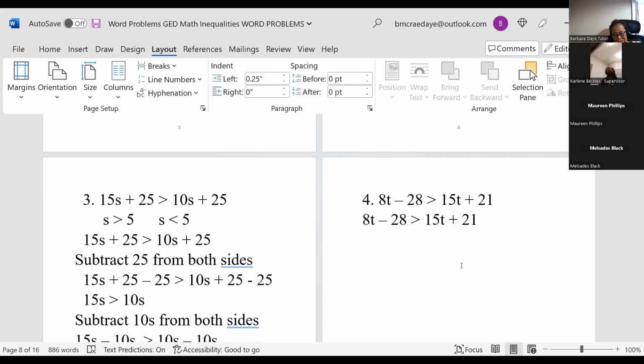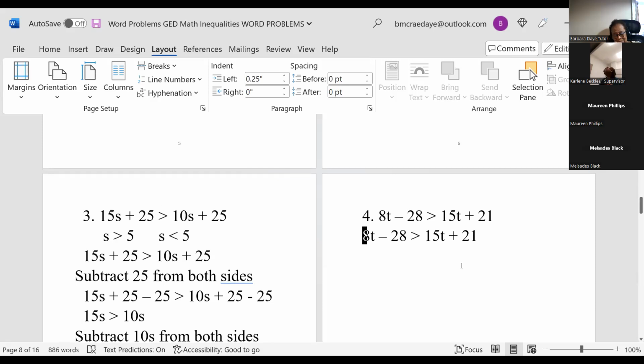You changing what sign, Mercedes? I think I made an error, miss. What is your first step, Mercedes? Okay, I'm going to try to add 28 on both sides.